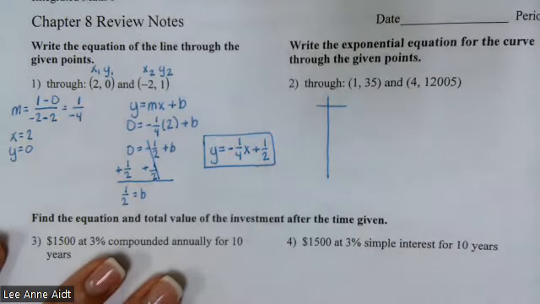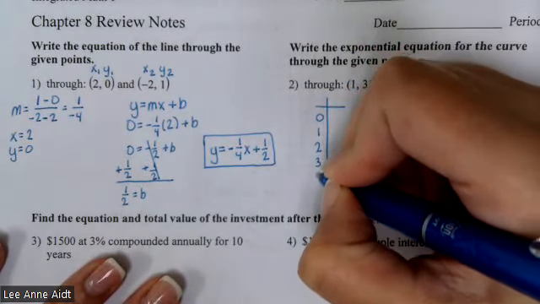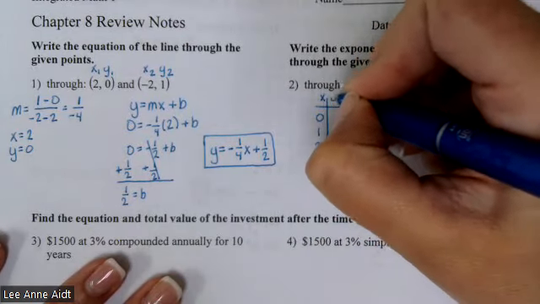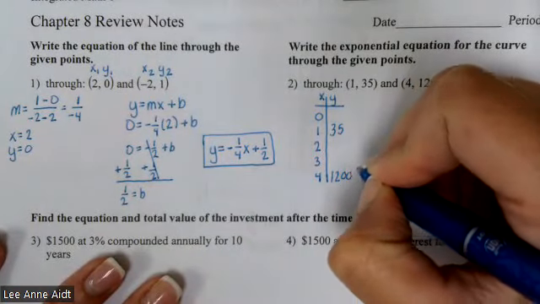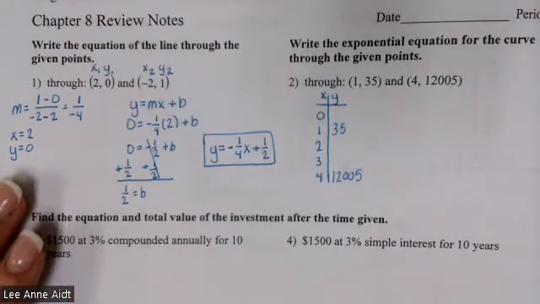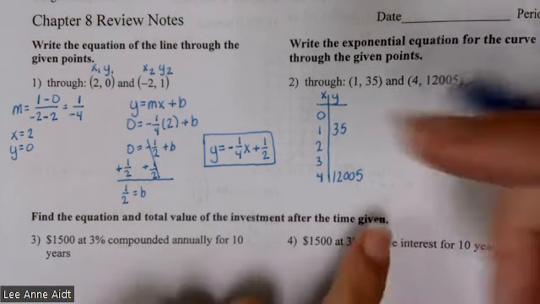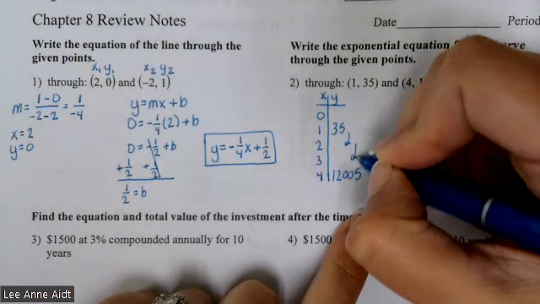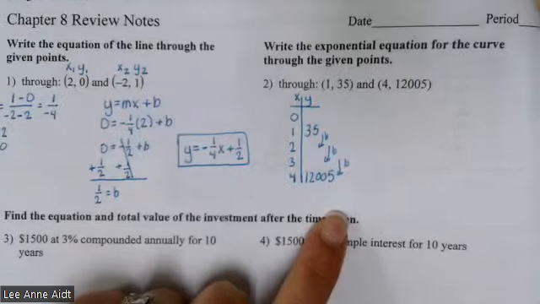Okay, so exponential, first thing we do is make a table and we make sure to make a spot for 0. So 0, 1, 2, 3, 4. 1 is 35 and 4 is 12,005. Okay, how many B's does it take? 3.